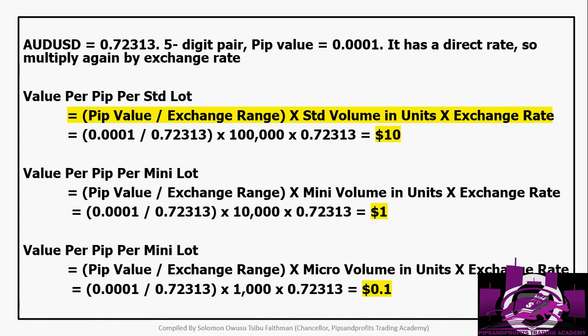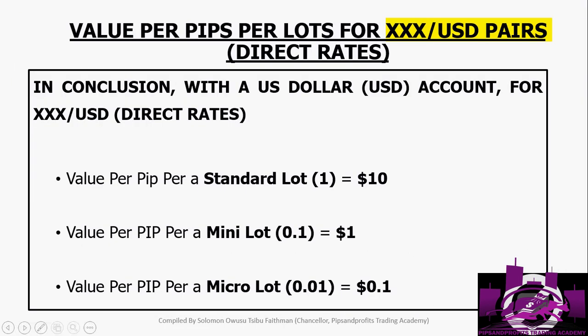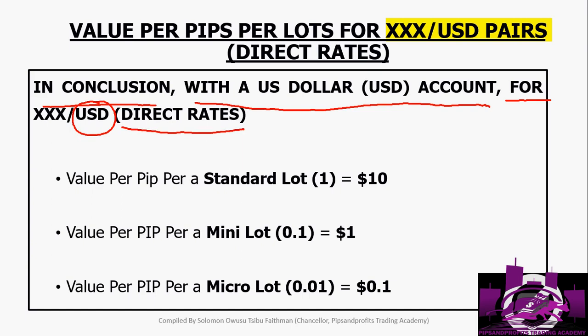Okay. So that is for the AUD USD. We've spoken about that already. All right. So in conclusion, this is what I want you to take home. With a US dollar account, for any pair where the US dollar is the quote currency, that is, the pair has a direct rate, then your value per pip per standard lot is going to be $10.